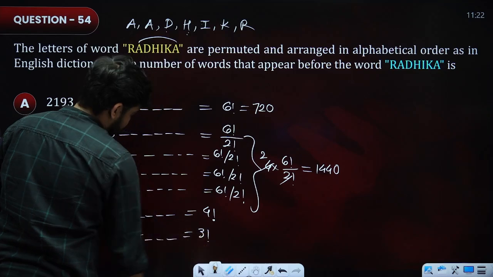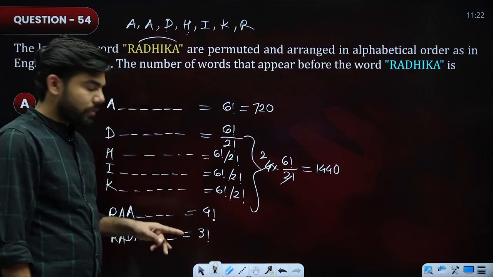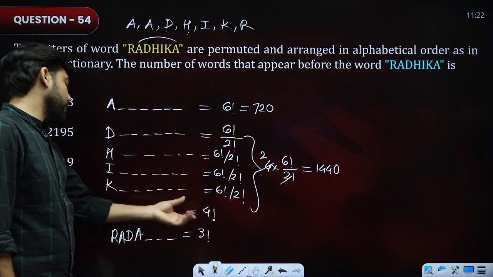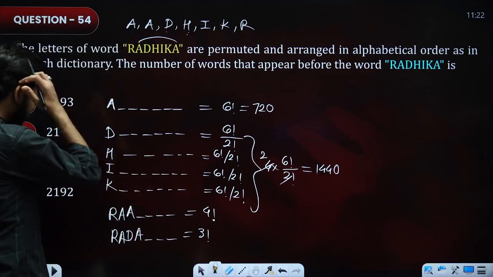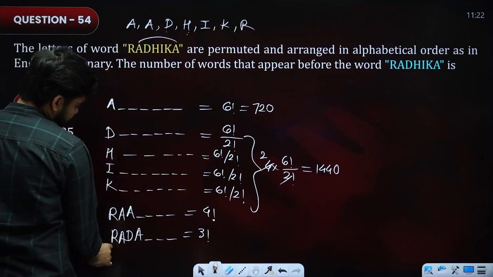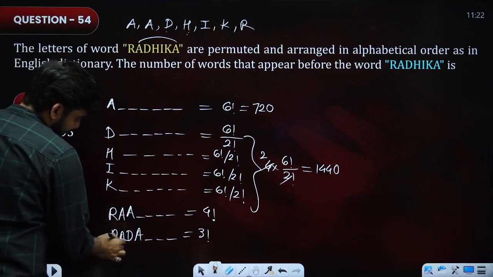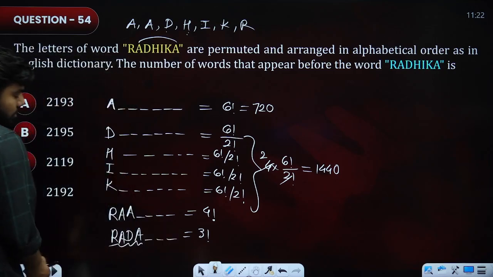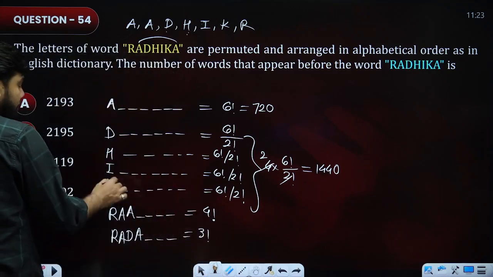So this is 3 factorial, because we have to take RADA. So RADA are fixed, and we have 3 places. So we have to write 3 factorial after A.